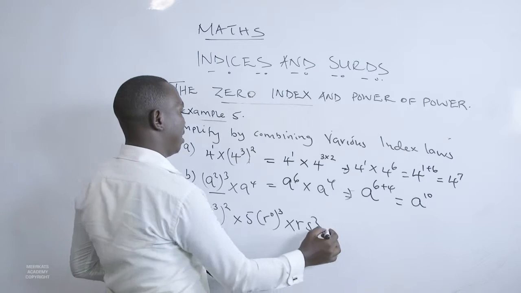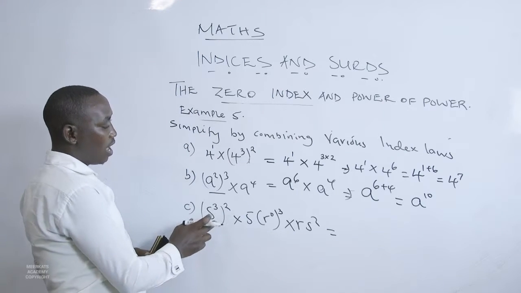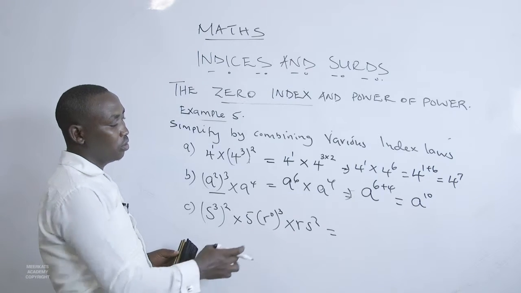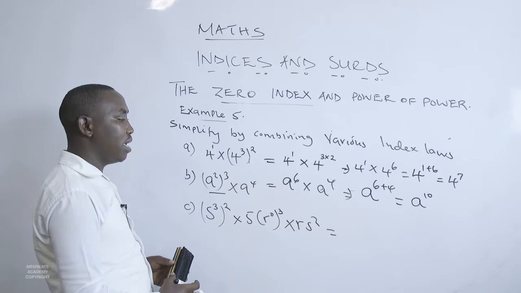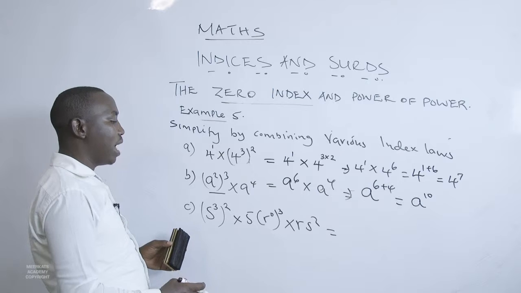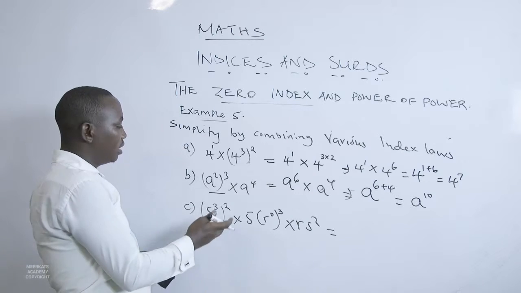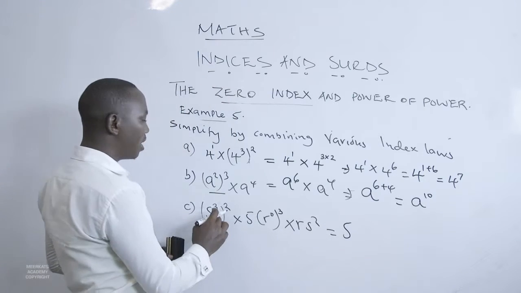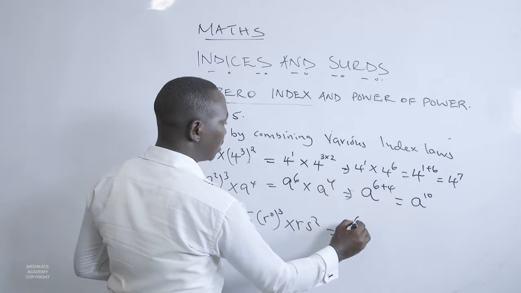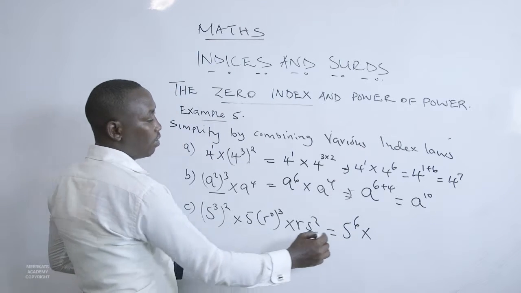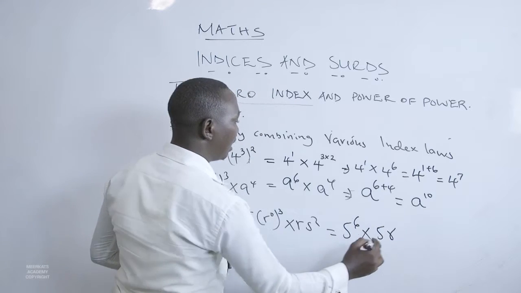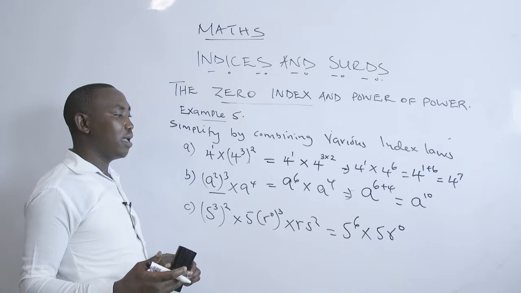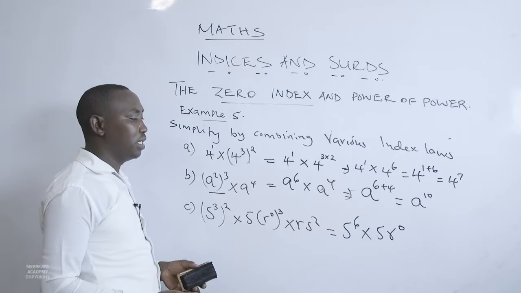And then for this final example, we are having s cubed raised to 2 multiplied by 5 r raised to 0, times 3 multiplied by rs squared. So beginning with the first one, this is a power of another power, so we're going to multiply the powers, and this will give us s raised to 3 multiplied by 2 is 6 multiplied by 5 r raised to 0 times 3, which will give us a 0, because a 0 multiplied by any number will be 0.